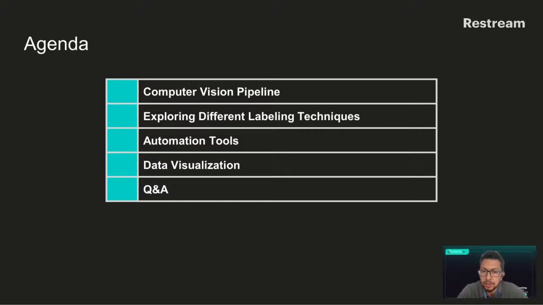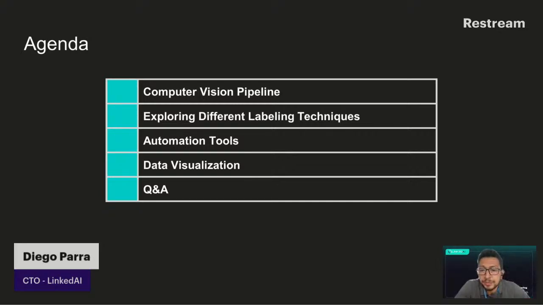After that, we are going to see some different labeling techniques, and we'll talk about pre-labeling and automation and all the new foundation models out there and how we're using them in LinkedAI. And finally, we will end with a Q&A session. If you have any question at any time, feel free to send it through the chat. At the end, in this Q&A session, I will address all of them.